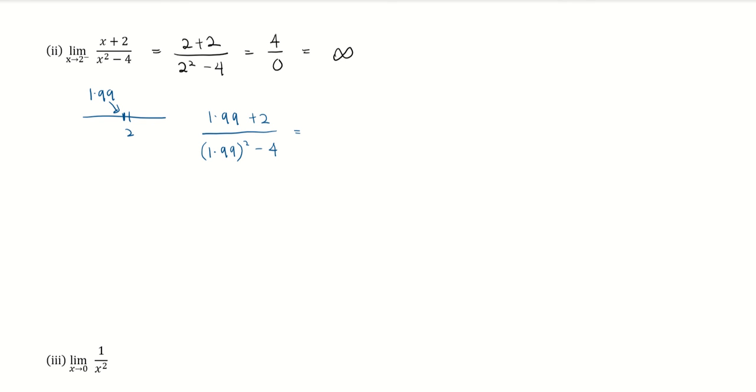This is 3.99 over a negative value, negative 0.39. So this is going to be a negative value, which means what we get here is negative infinity.